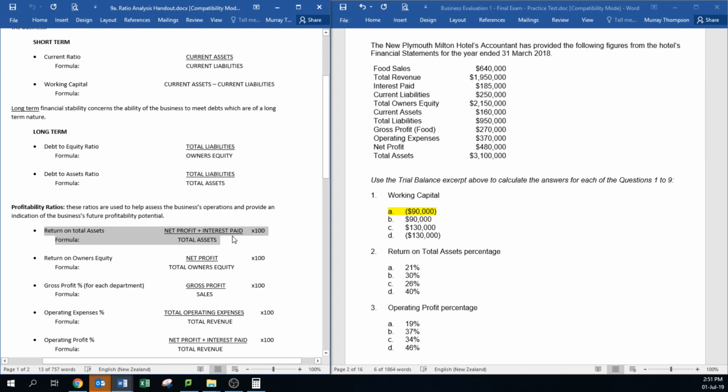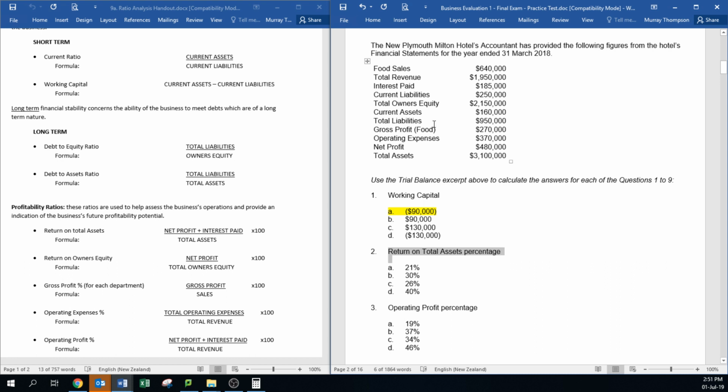Then hit the divide by sign. Step 2 is enter the total assets and hit equals. Then the final step is times 100 and hit equals again. So there are 3 times that you'll hit equals for the 3 parts. Just do top line, bottom line, times 100.